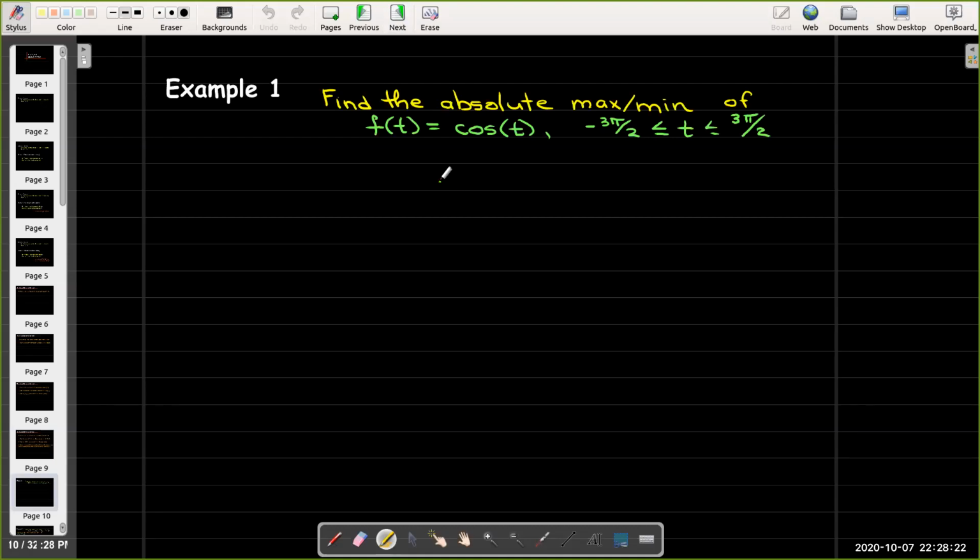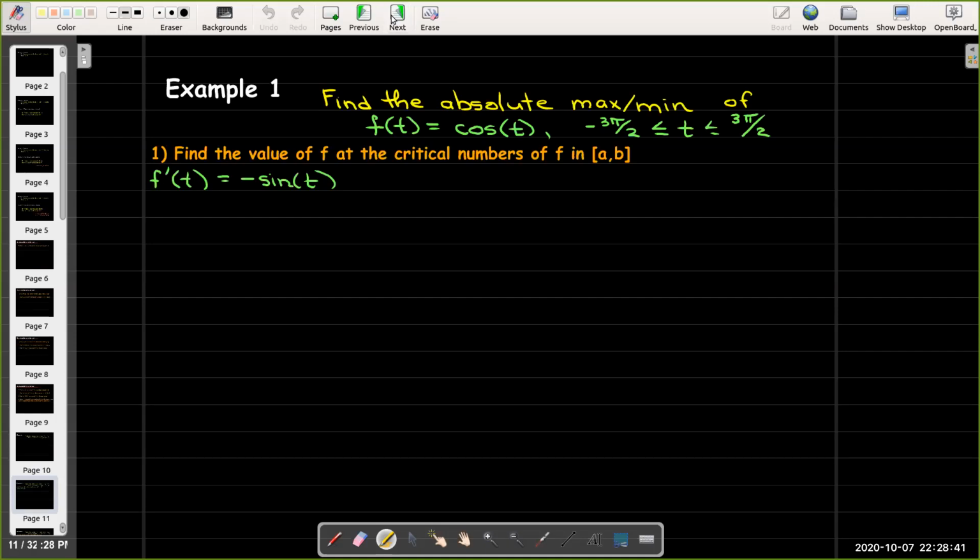Let's find the absolute max and the absolute min of f of t equals cosine of t, where t goes between negative 3 pi over 2 and positive 3 pi over 2. What was our first step? Oh yes, find the value of f at the critical numbers of f in a, b.